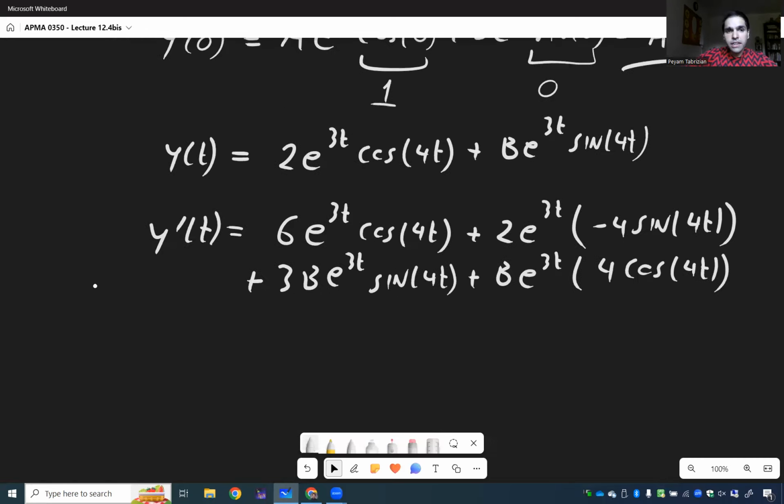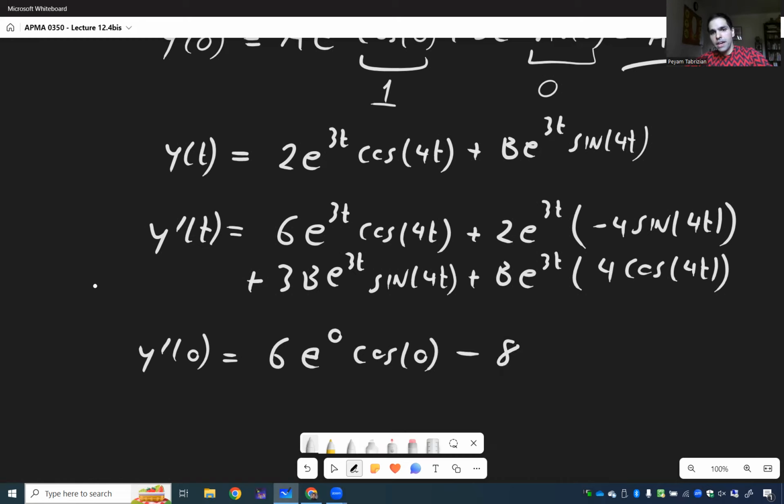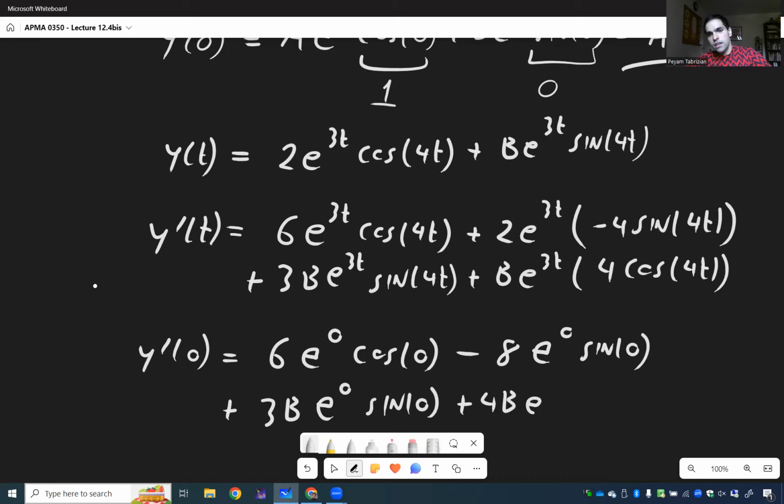And now let's plug in. So y prime of 0 is 6e to the 0 cosine of 0 minus 8e to the 0 sine of 0 plus 3b e to the 0 sine of 0 plus 4b e to the 0 cosine of 0.